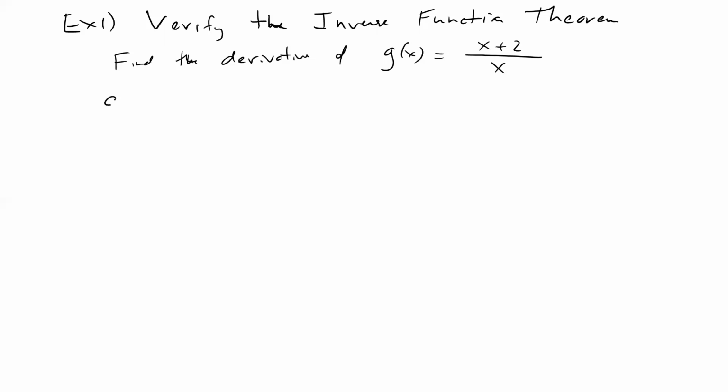The direct way would be like this, right? The derivative of g of x, and then you guys go for it. Something called quotient rule, I believe.